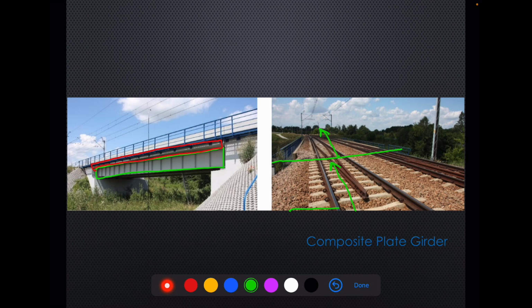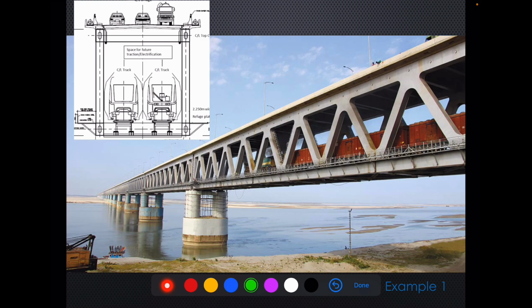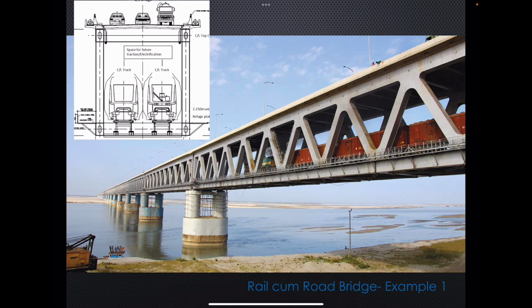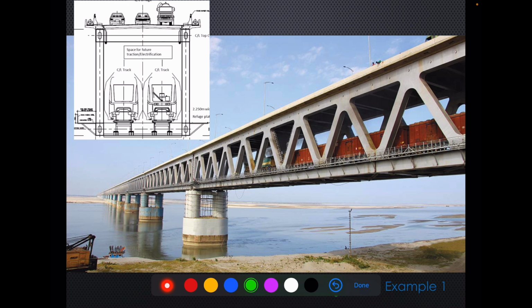Now let's see some more types of steel girders. This is a rail cum road bridge. Rail cum road bridge means the bridge is catering to the rail transportation as well as road transportation. So as you can see on the top, here some street lights are there, here some vehicle is there, here people are here.